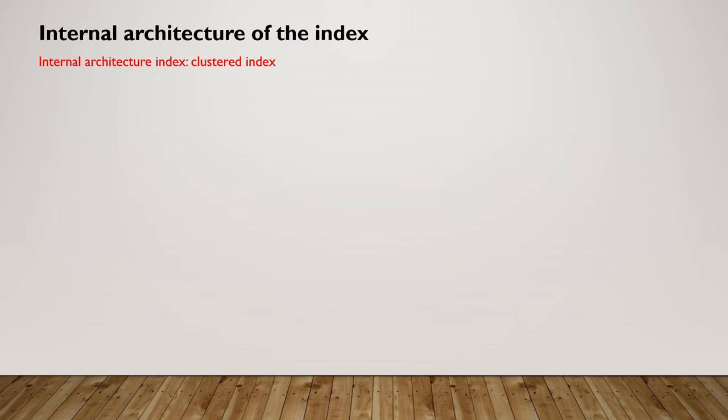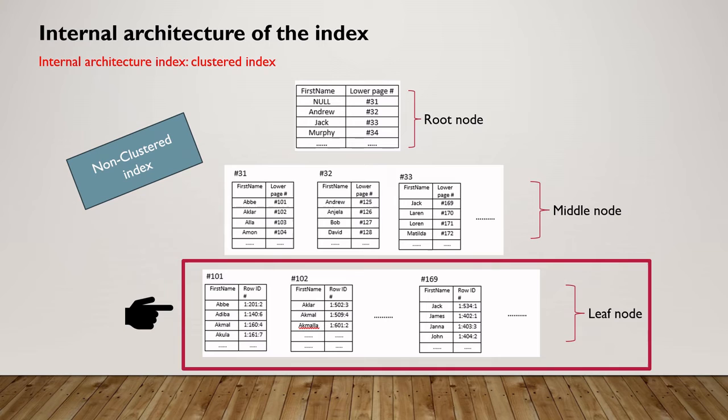Okay, so far we have discussed non-clustered indexes, and now we will discuss another type of index, which is clustered index. The difference between non-clustered index and clustered index is that in a non-clustered index, as you might remember, a pointer to the actual data, row ID, RID, is stored at the leaf level.